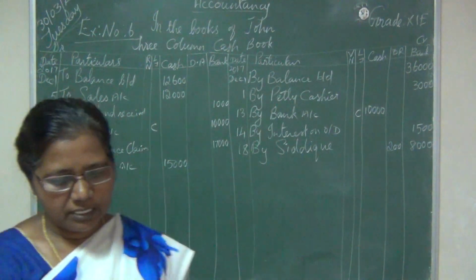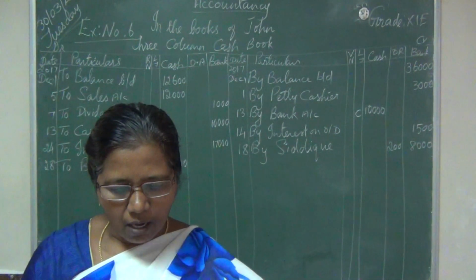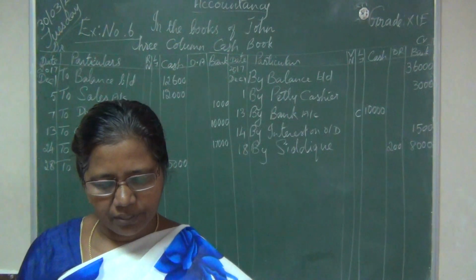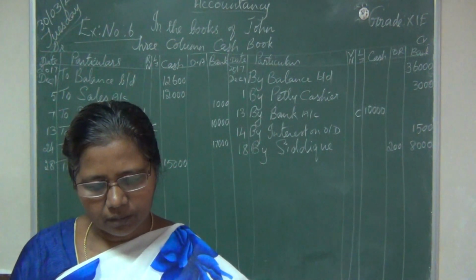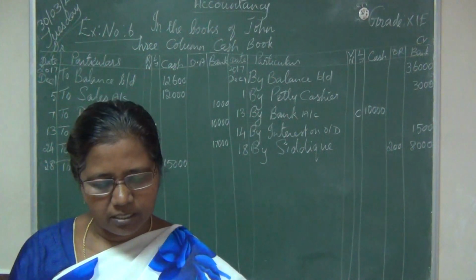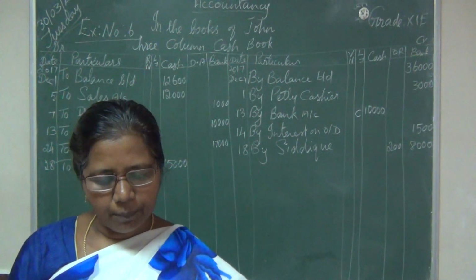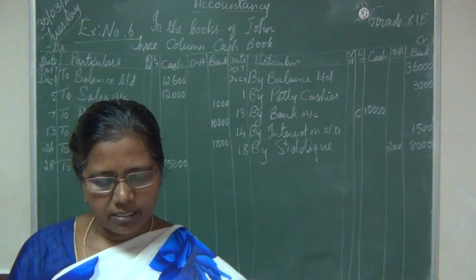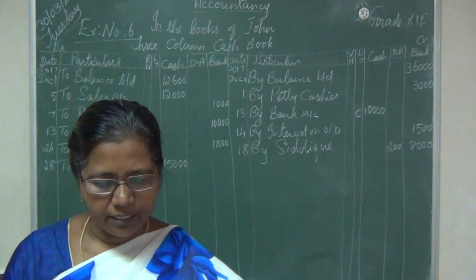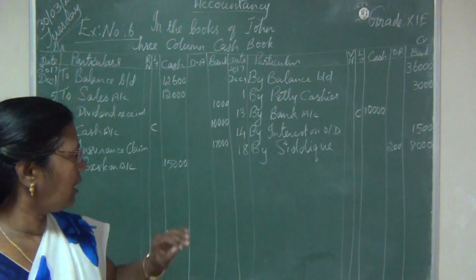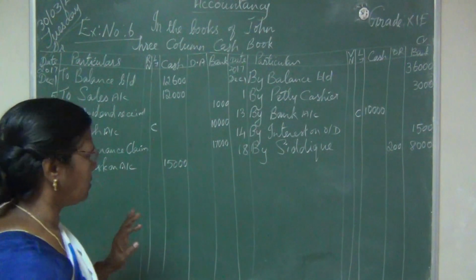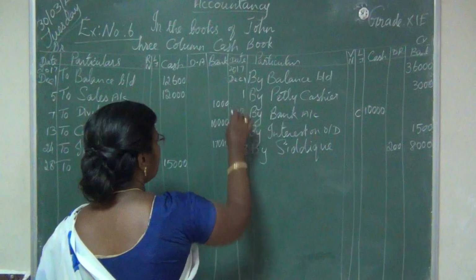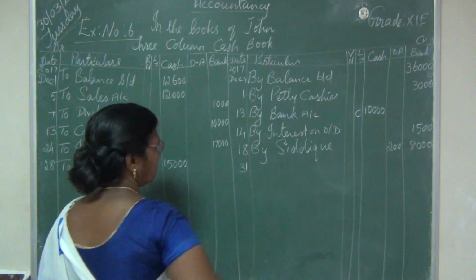Okay, then one more transaction, deposited into bank all cash in excess of 18,600. So what is this 18,600? We have to deposit into bank all cash in excess of 18,600, which means that 18,600 we have to keep as the closing balance. Okay, so what is the last date? 31st.